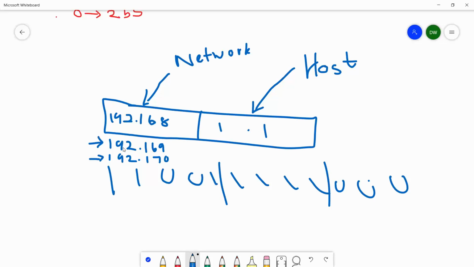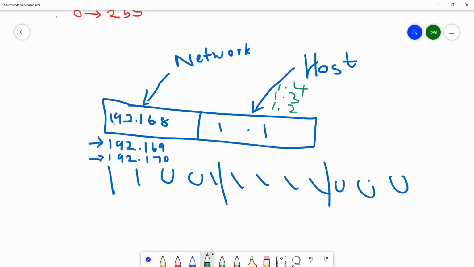You can increase this number up to 255.255, because 255 is the maximum value you can assign to each section. On the other hand, this side can also go up to 255.255. Here I'll take another example. If you change this value, I'll write it up there, this can grow 1.2 and 1.3 and 1.4, like that.